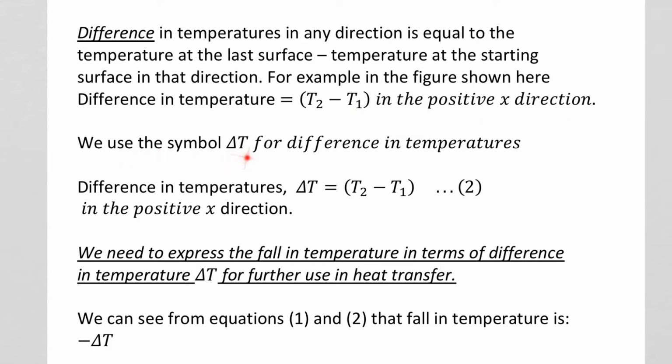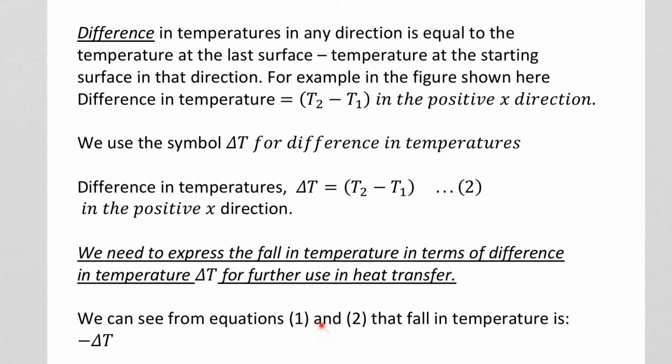We use the symbol delta T for difference in temperatures. Difference in temperatures delta T is equal to T2 minus T1. This is equation 2. And this difference in temperatures T2 minus T1 is in the positive x direction. We need to express the fall in temperature in terms of difference in temperature delta T for further use in heat transfer.